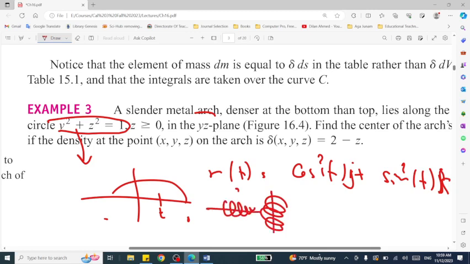How do you know the square root of that is equal to sine square plus cosine square? Go to chapter 10, sections 1 and 2, calculus 2.